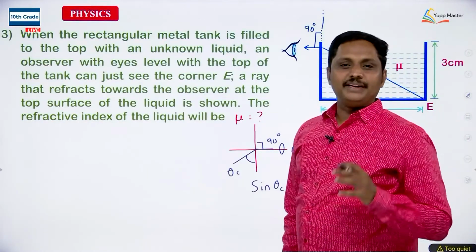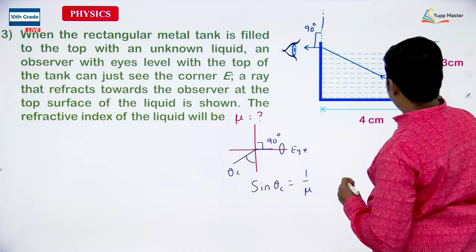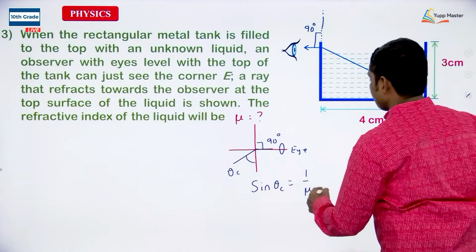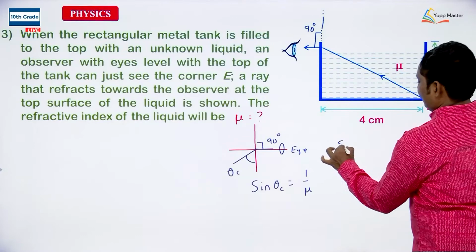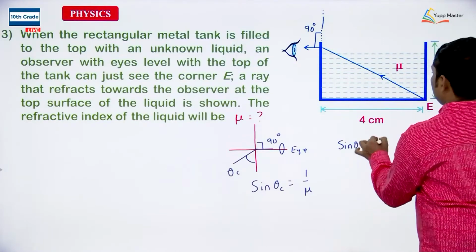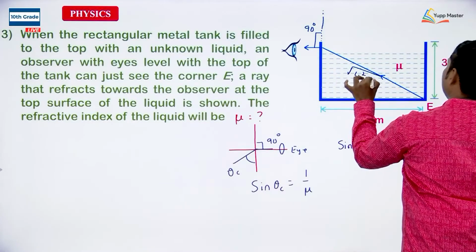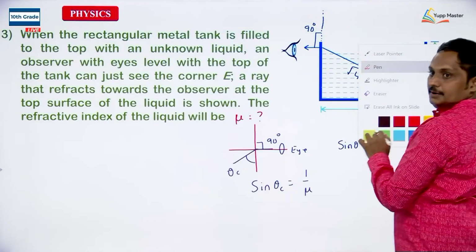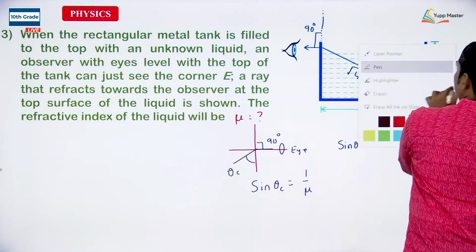If you take sin theta c, this is calculated from the figure: 4 square plus 3 square, that is 5. All right, it is very clear.